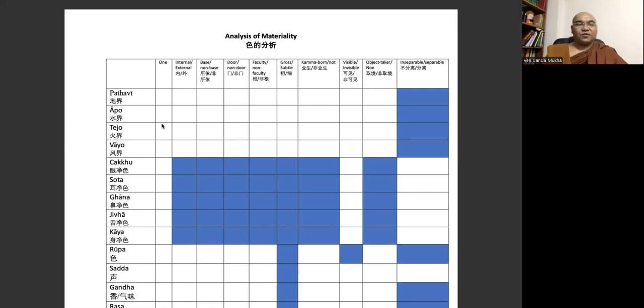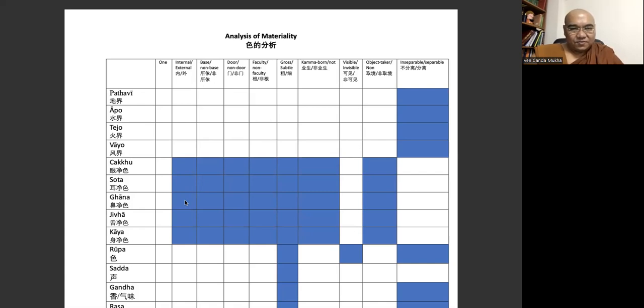They are one, no variation. But they can be divided into two, as internal and external. Among these 28 rupas, we have only 5 internal: 1, 2, 3, 4, 5, from the eye sensitivity to the body sensitivity. These 5 belong to internal materiality, because they are attached to our body.